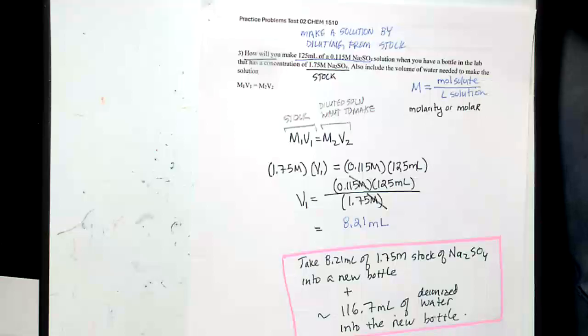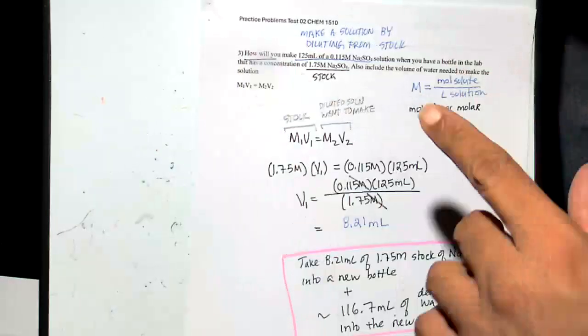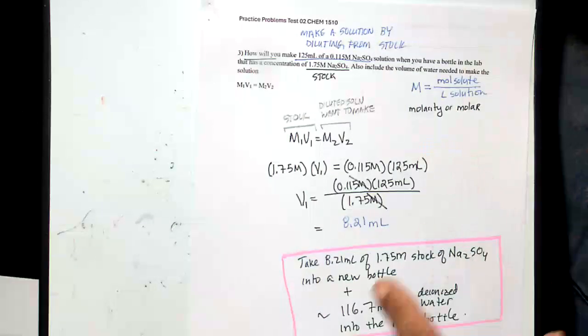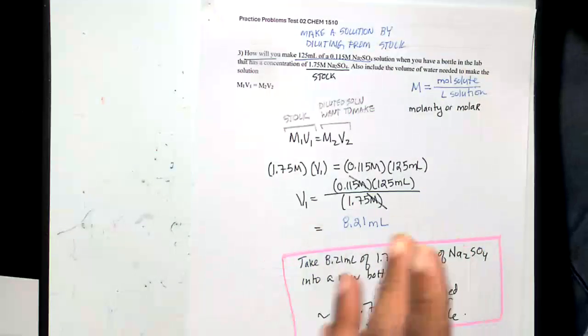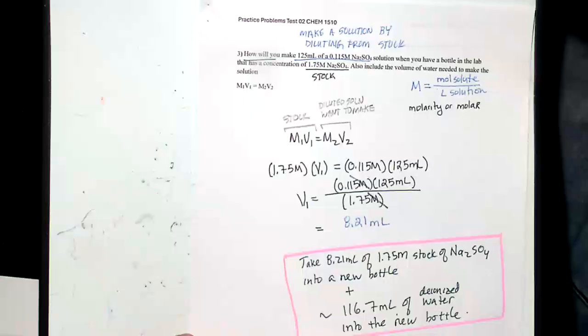M1 V1 equals M2 V2. But it will be given. Any other questions? So yes, this will be given, but it's good to know this equation for future reference.